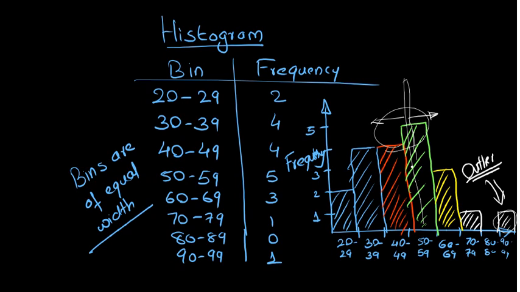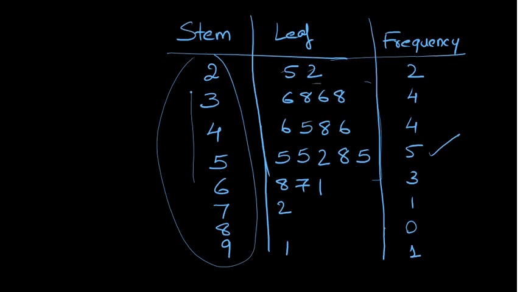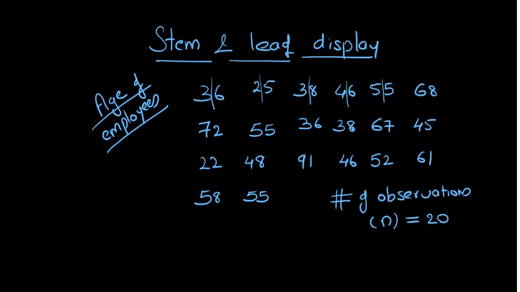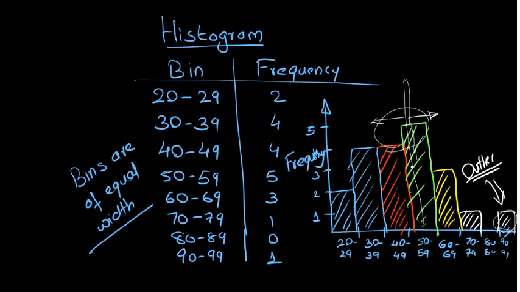I know only the frequency, but I don't know what are the individual values. Whereas when we go to a stem and leaf plot, that is not the case. I can identify the values or the individual observation. So that is why I said that the data corresponding to individual observation is conserved in the stem and leaf plot, which is not the case in a histogram.